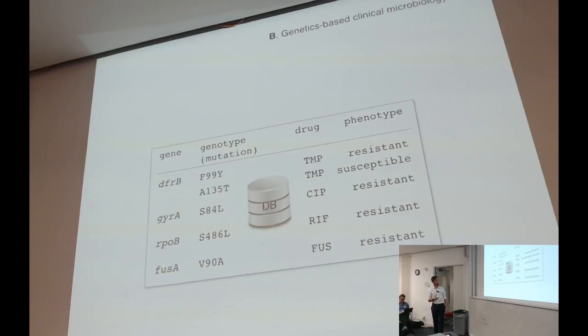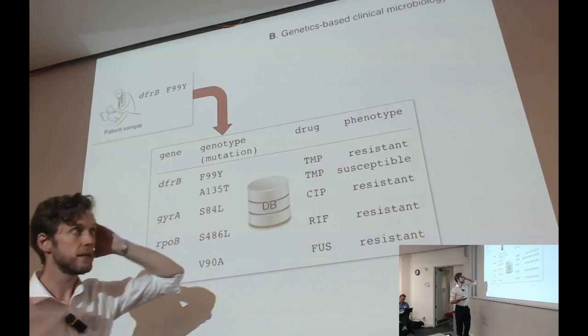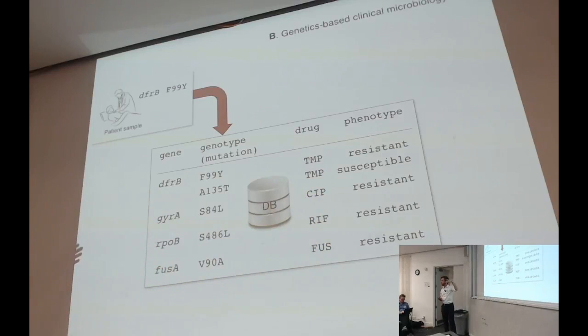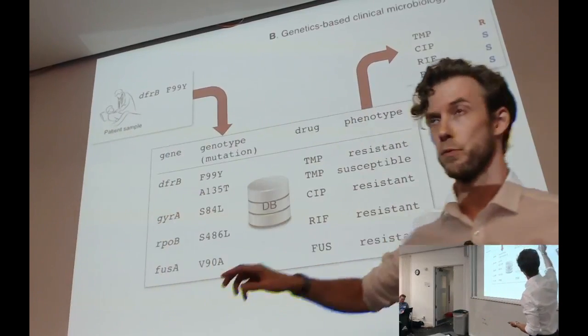So how does this work in practice? This is the database: you've got some genes, mutations, drugs, and then phenotype. So you take a sample, you sequence it, you look at the mutations, you look it up, and you go, well, I've seen that one before. I know it's resistant to this one, and all the others are sensitive. So presumably the clinician would choose one of these.